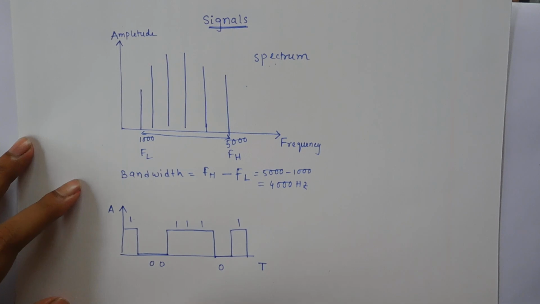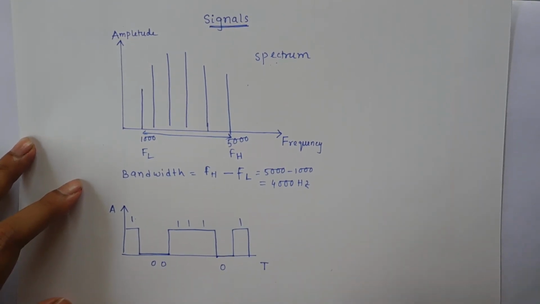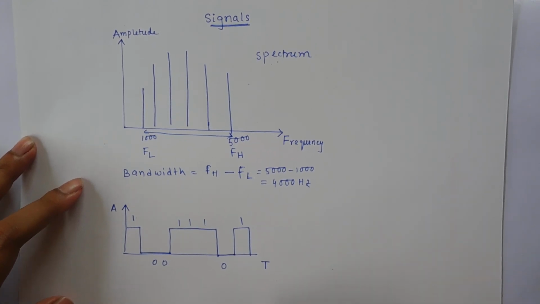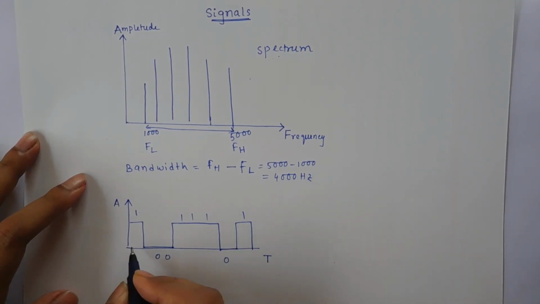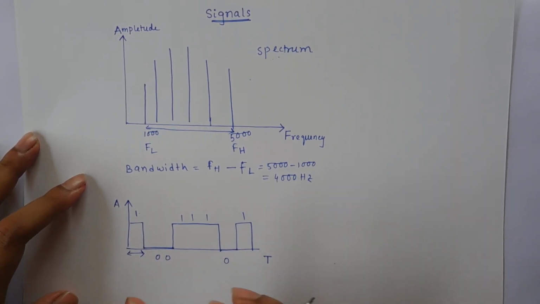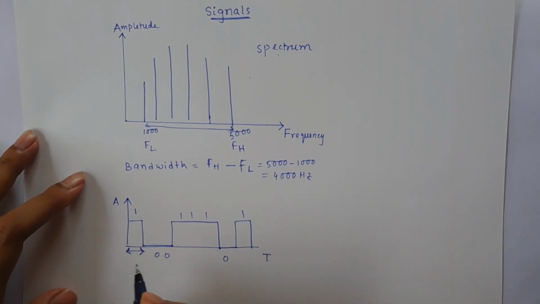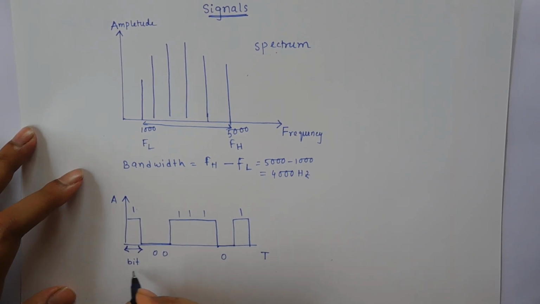Okay. Most digital signals are aperiodic. Thus the term period and frequency is not appropriate for them. So instead of time period, which for an analog signal means one total cycle, here we represent it as bit interval.